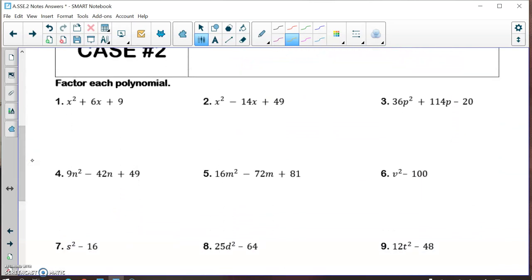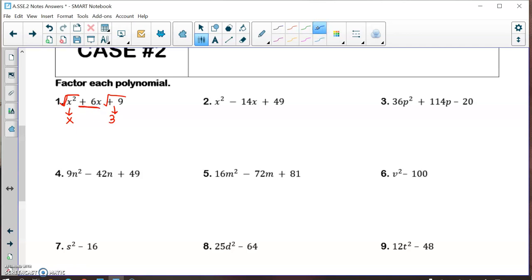So in number 1, this is a trinomial. We're going to see if it's a perfect square trinomial. The first term is a perfect square. X squared is a perfect square, and if you take the square root of x squared, you get an x. The third term is a perfect square, and it's a plus 9. You take the square root of your plus 9, you get a 3. Now, that's not the only criteria here, we need to check our middle term.